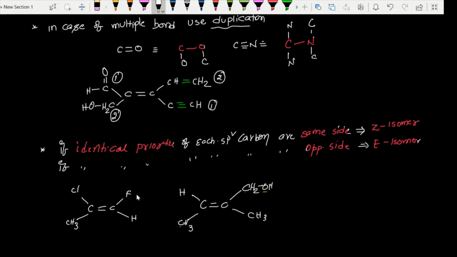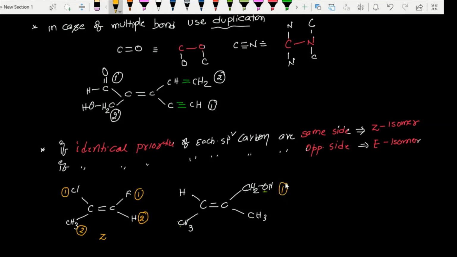Now according to the priority rules, this is fluorine, this is hydrogen. So priority 1 based on atomic number, and 2. And here chlorine, highest atomic number 1, carbon 2. So if you observe, 1, 1 on the same side on the top, 2, 2 on the bottom. As they are on the same side, I can call this the Z isomer. Next, carbon, carbon. But this carbon is connected with oxygen, the second connected atom.